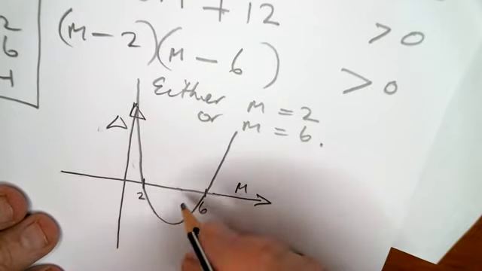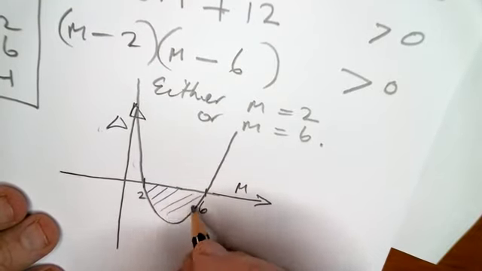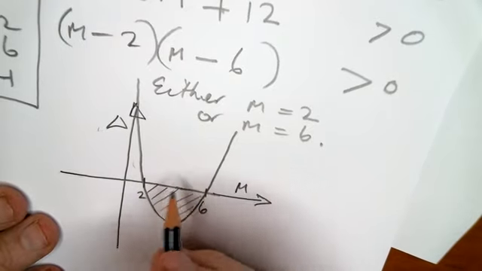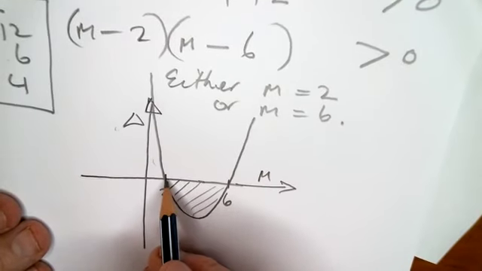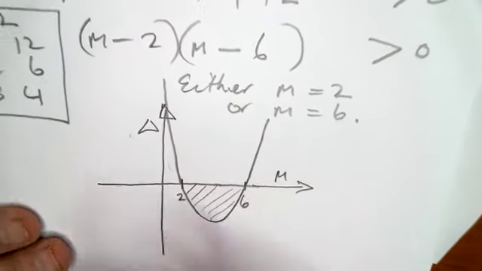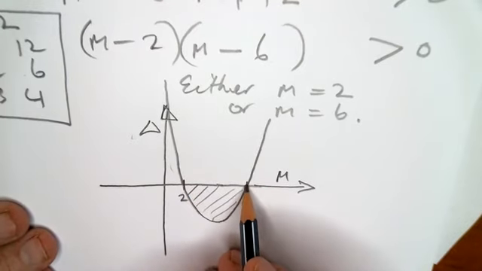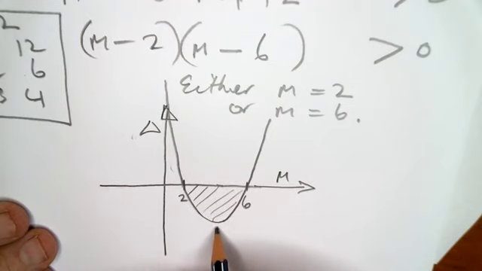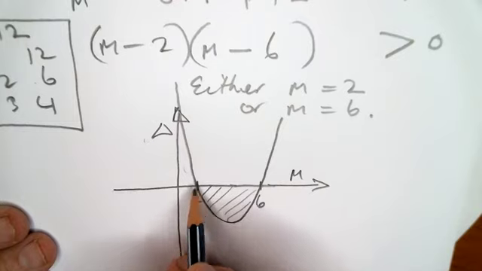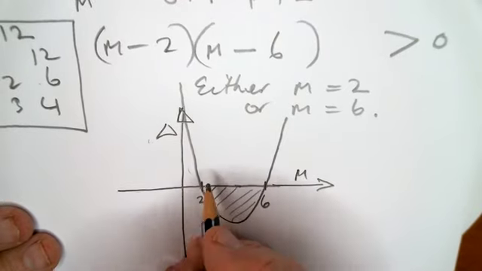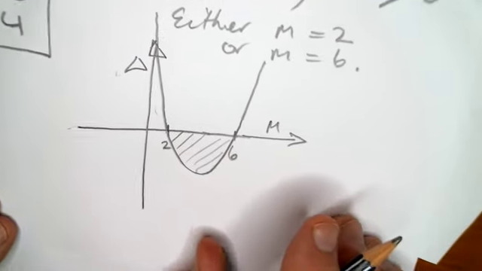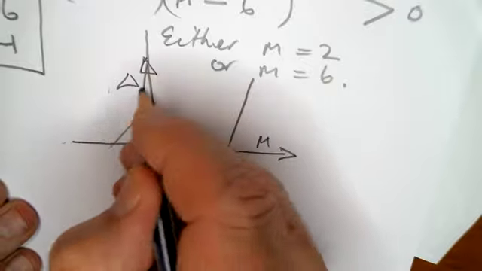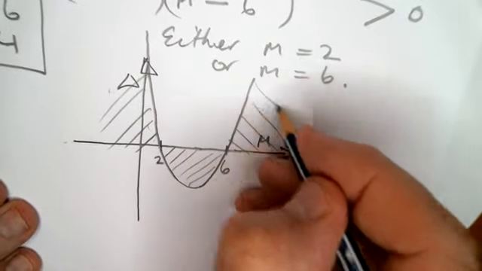Between the two critical values the discriminant is less than 0. On this side and this side, the values are greater than 0. So what we're looking for is stuff on this side and stuff on this side.